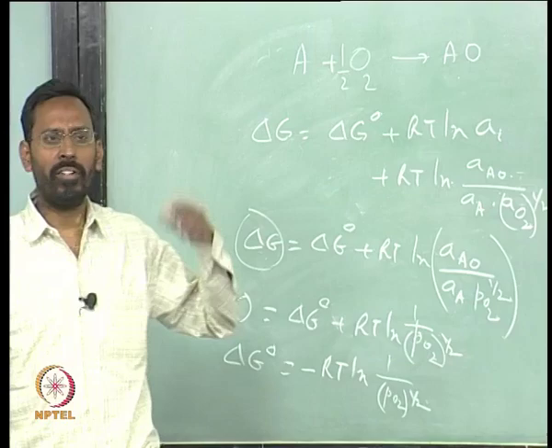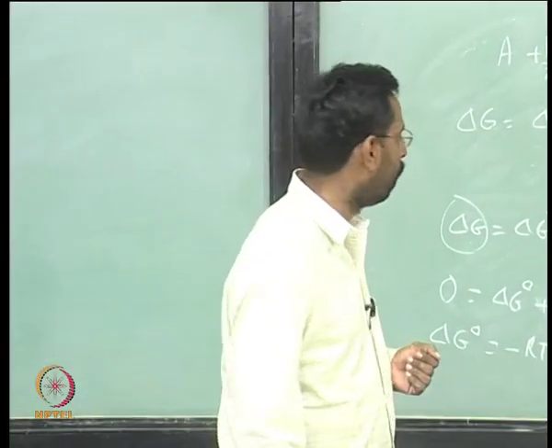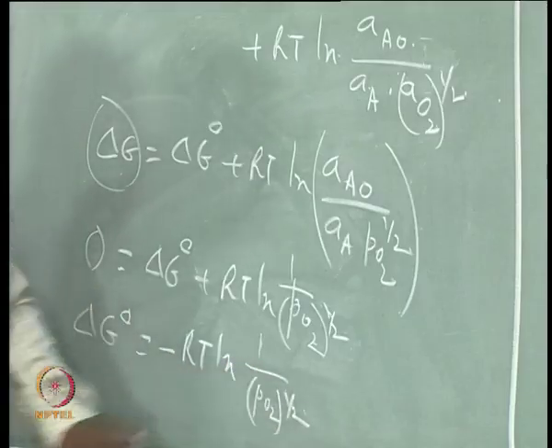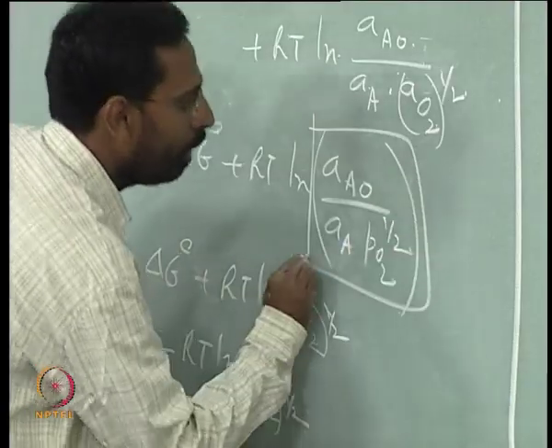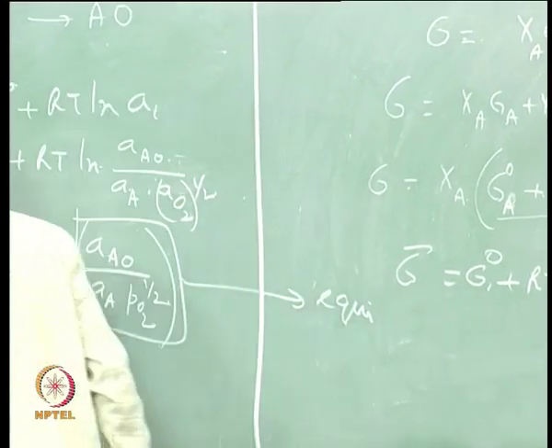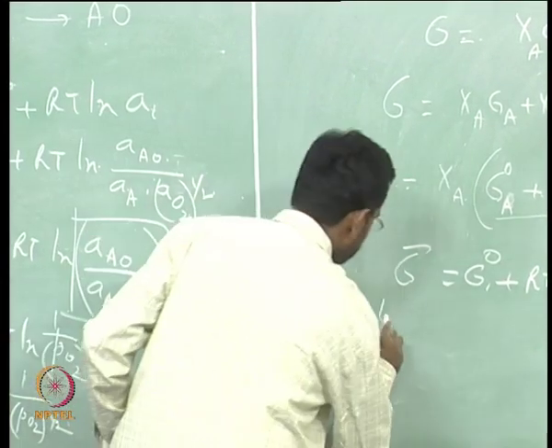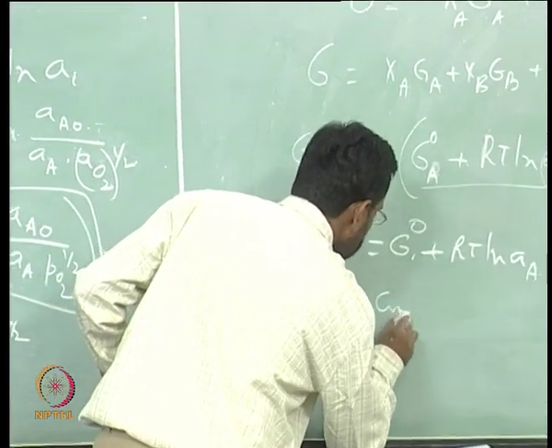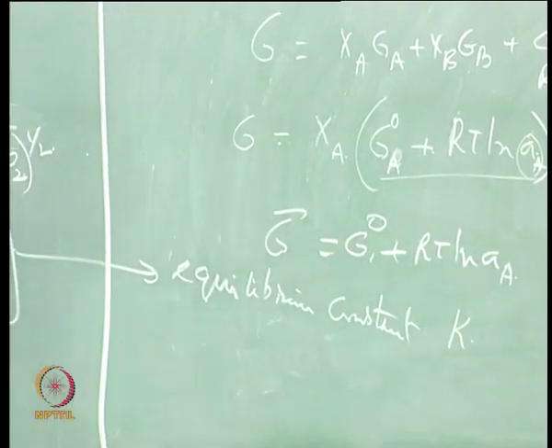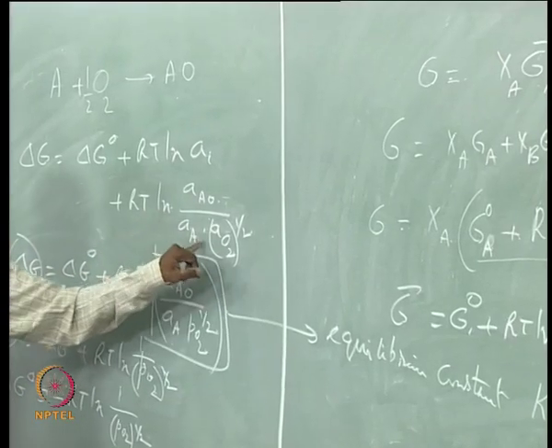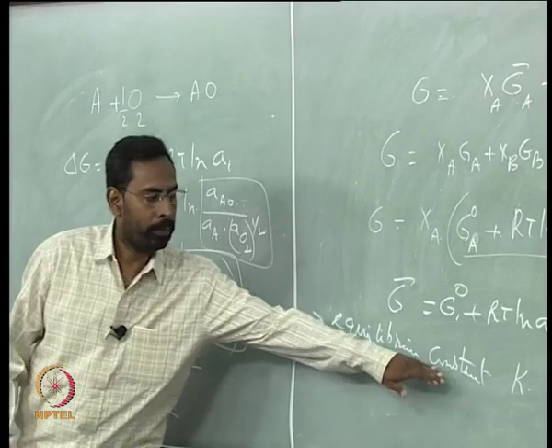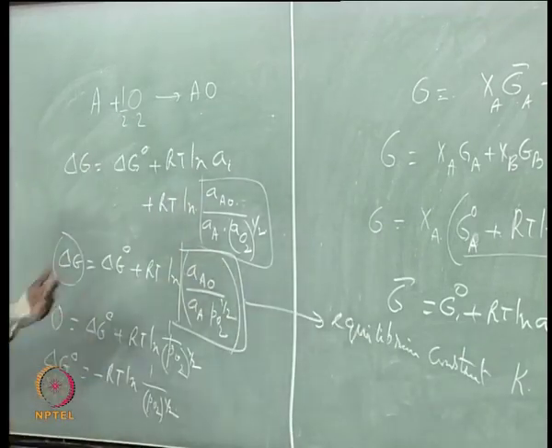This whole reaction thermodynamics is about how to relate the free energy with this, and this whole stuff is what we call the equilibrium constant, or reaction constant, K, where it is the activity of the products divided by the activity of the reactants. So, this part is what we call the equilibrium constant K.